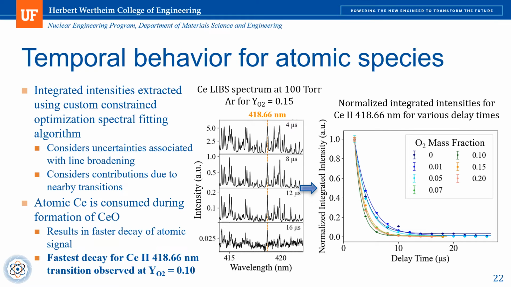But then at higher O2 mass fractions, either we're limited based on the turbulent mixing that's occurring with the cerium metal plasma expanding into the ambient atmosphere, or there are other consumption routes for the cerium or cerium monoxide that the increased O2 concentration is going towards. There are similarities observed in the literature for uranium and aluminum for this situation as well, and this is being further investigated.